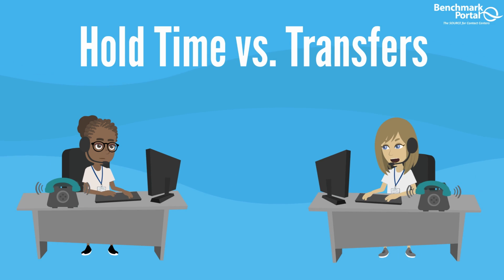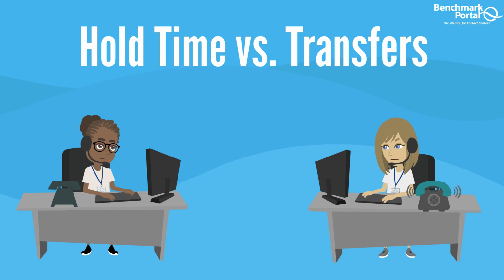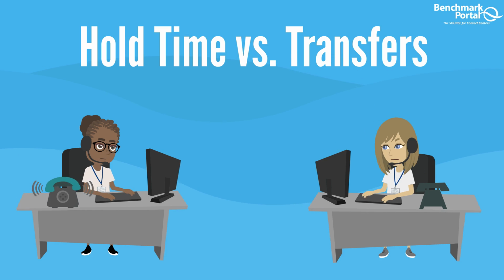Taking this a step further, let's consider hold time in the context of another key performance metric, calls transferred. Some centers make a strategic choice to have agents escalate or transfer difficult calls. Others prefer their agents to use hold time to find the answer, which can also help those agents to resolve the issue themselves the next time it arises.